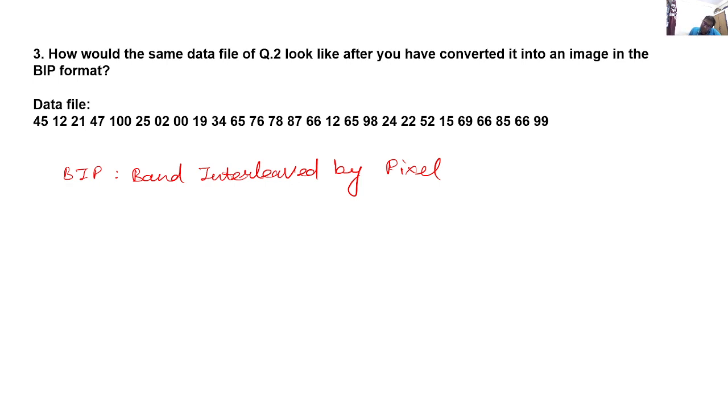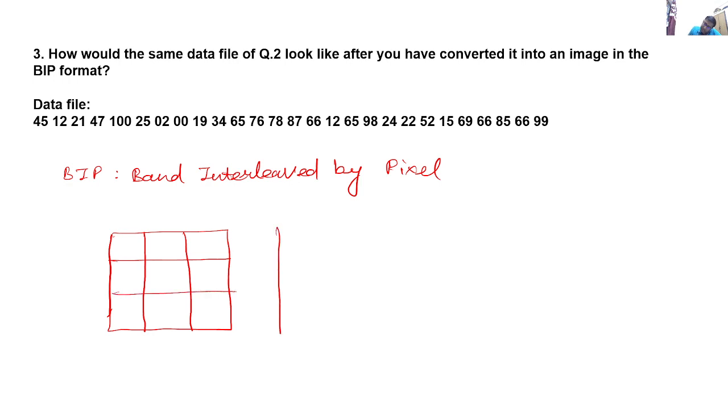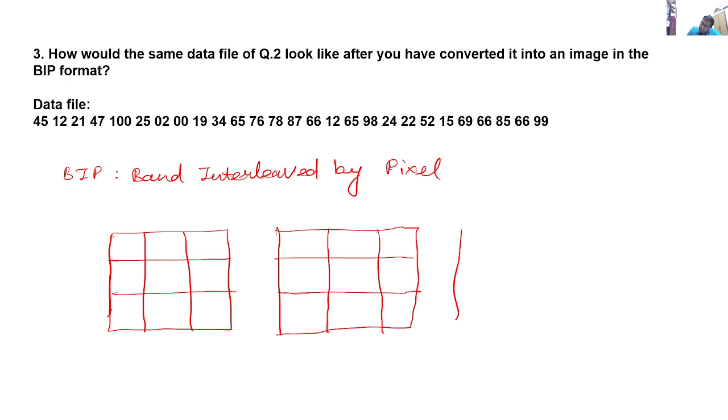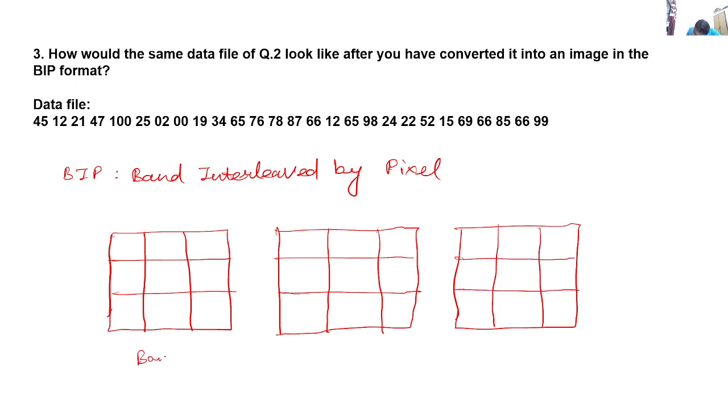So let's again make those 3 bands. This is band number 1. Let this be band number 2, and this would be band number 3. So we are basically filling up each pixel location first.